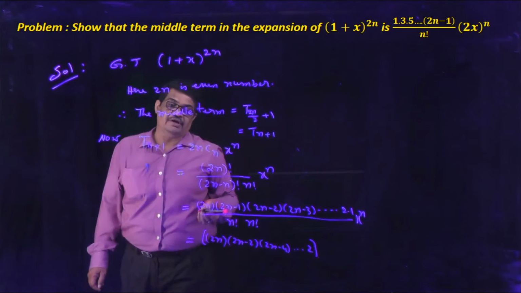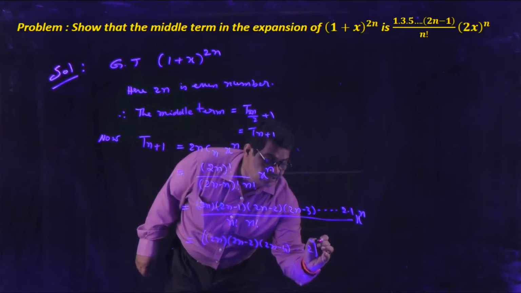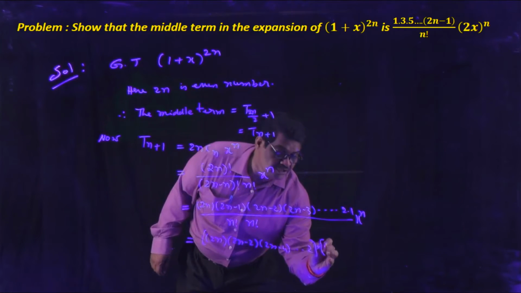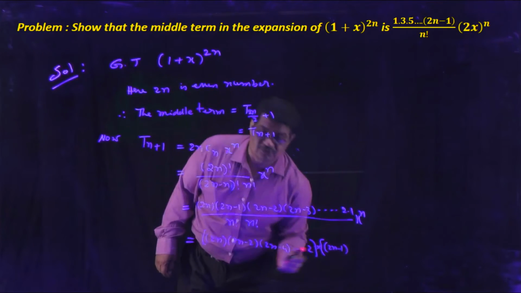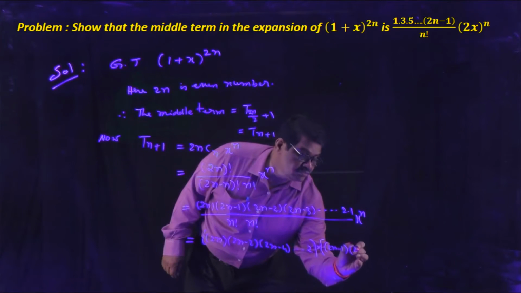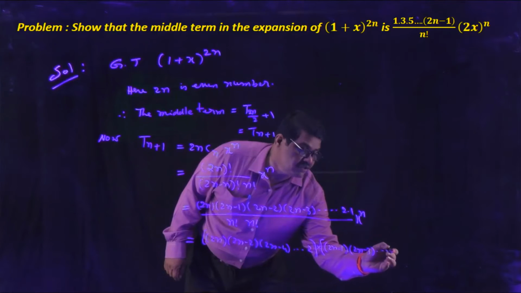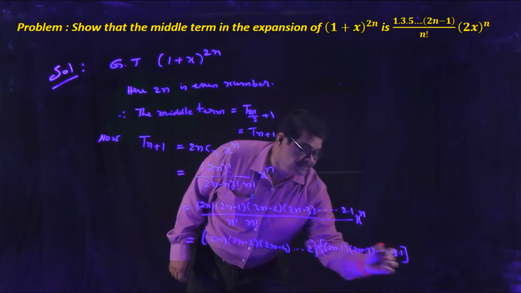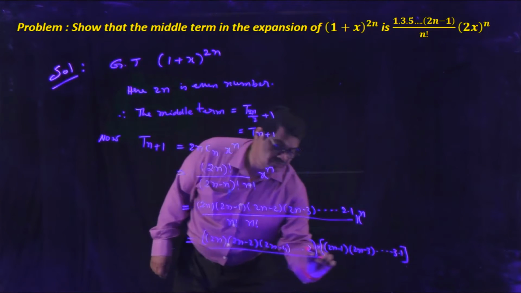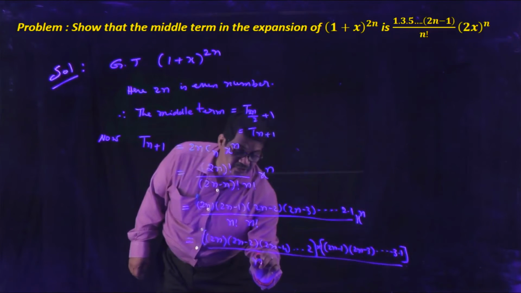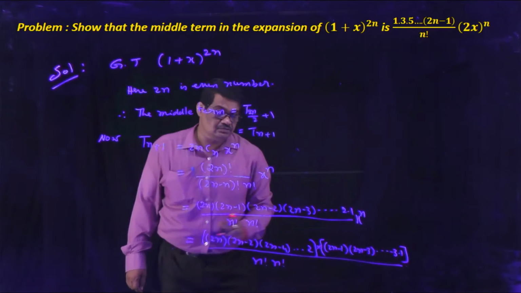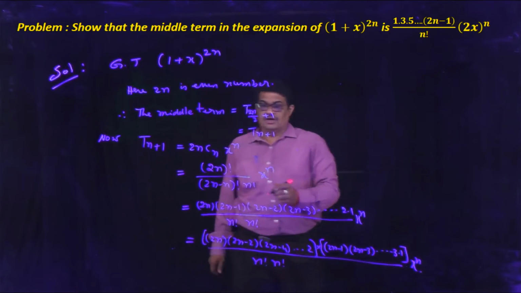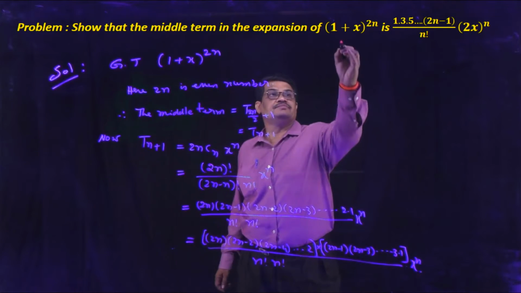These are the even terms, and the remaining terms are the odd terms: 2n minus 1 into 2n minus 3 and so on up to 3 into 1, by n factorial into x to the power of n. Now this can be simplified.